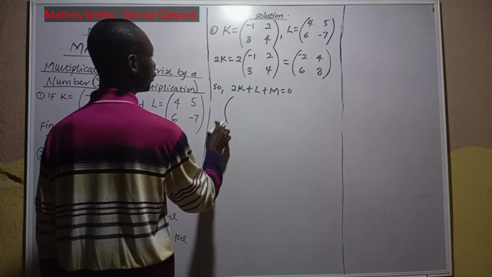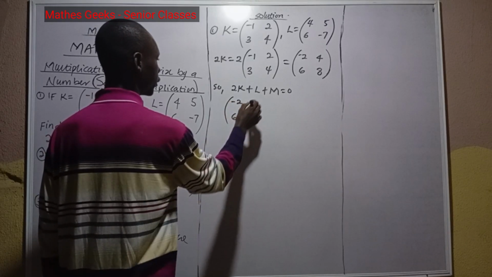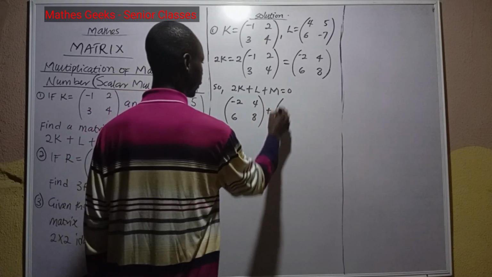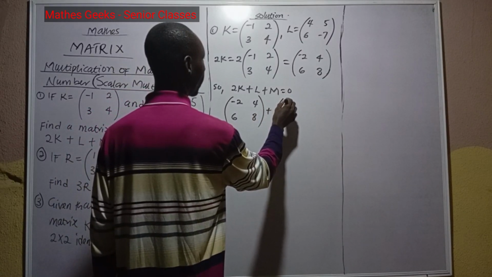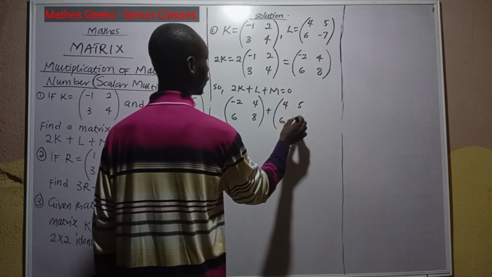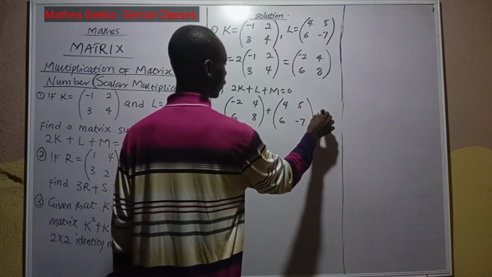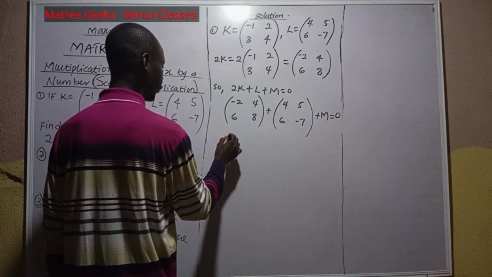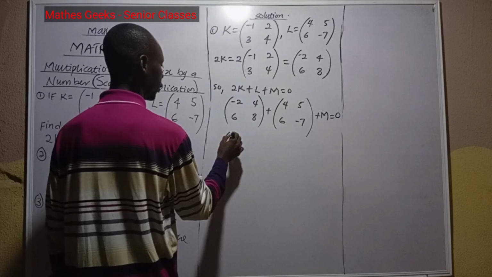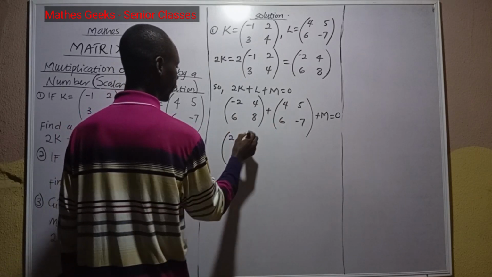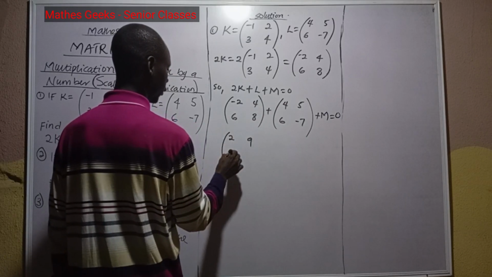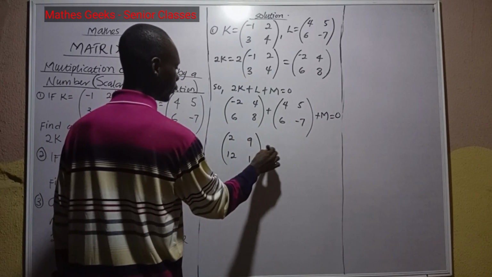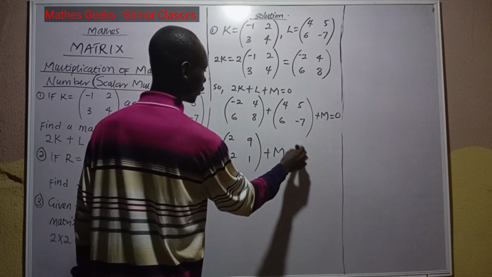It will give us minus 2, 0, 4, 8 plus L, which has 4, 5, 6, minus 7, plus matrix N is equal to 0. So we add these two together. It will give us minus 2 plus 4 is 2, 0 plus 5 is 5, 4 plus 6 is 10, 8 plus minus 7 is 1, plus N equals 0.